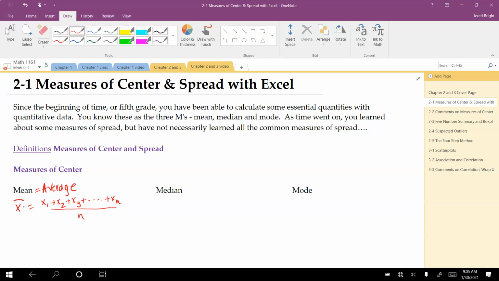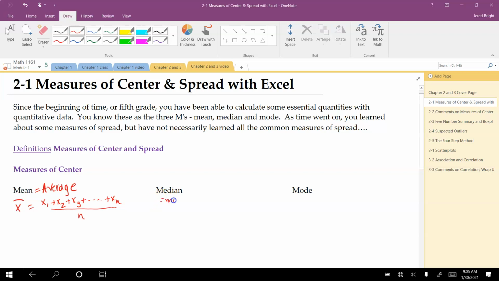The median is a different center, and you might remember that there's this process where you line them all up in order and take one off of each end until you get to the middle, and if there's two, you have to take the average of them. Yes, that is the median. All it is is a midpoint, the midpoint of the distribution.